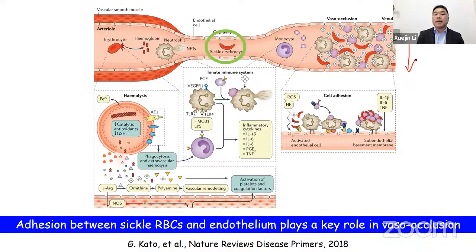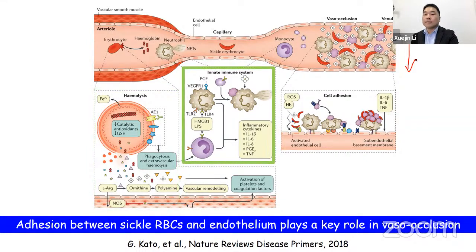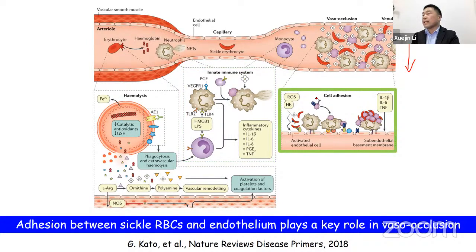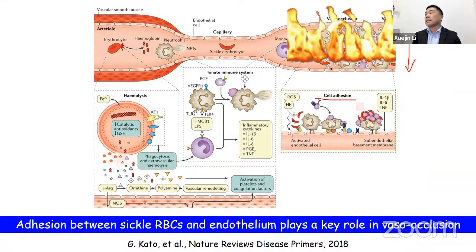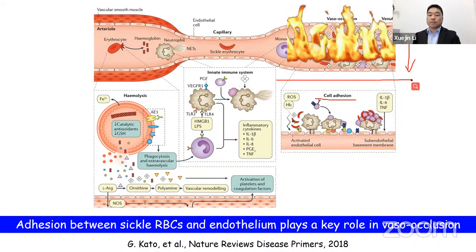So cell sickling is necessary but not sufficient to trigger blood occlusion. Instead, the adhesion between the sickle red blood cells and the vascular endothelium plays a key role in triggering vaso-occlusion. So cell adhesion is important. Finally, it leads to vaso-occlusion in the postcapillary venules.